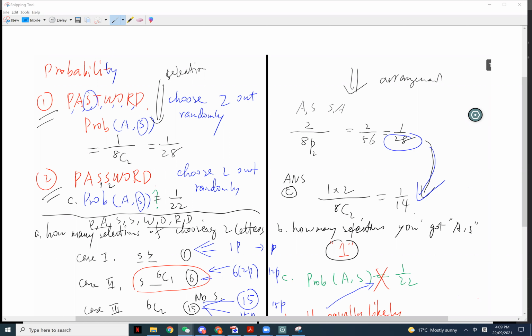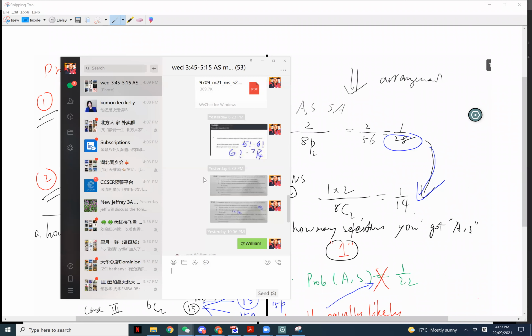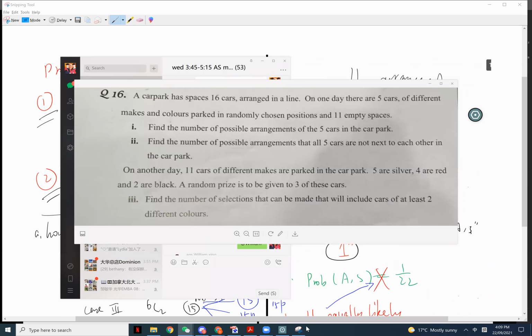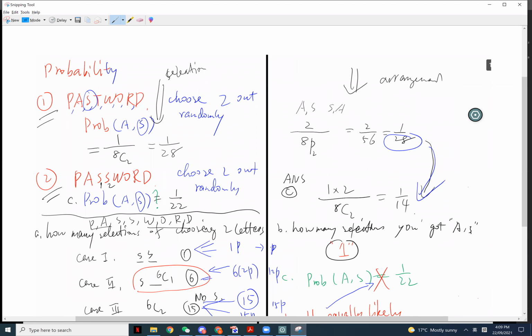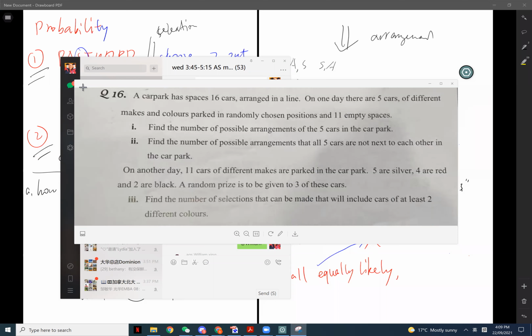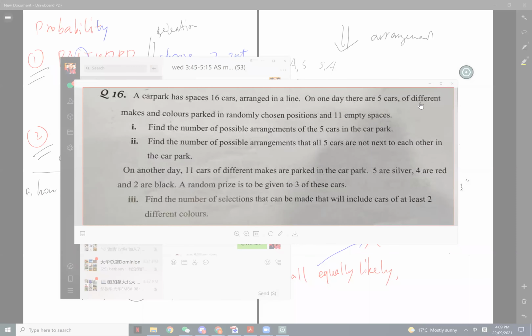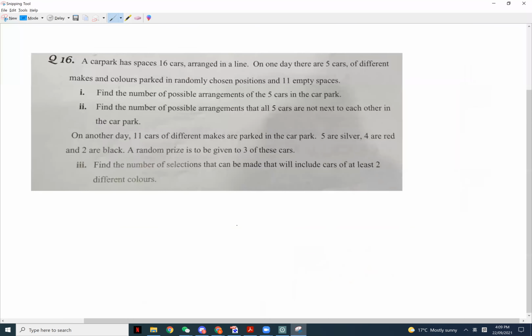Another pretty interesting question from William is this one here, guys. The car park. Impossible arrangement. We have 16 car parks.